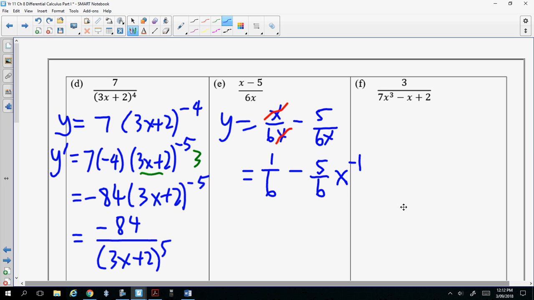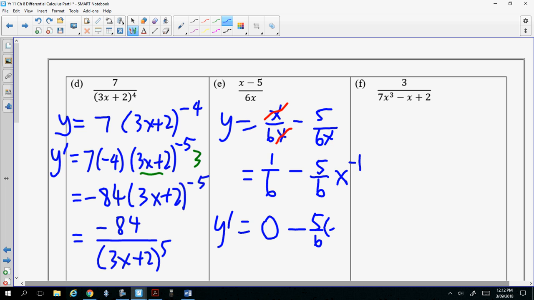Confusing how I do this one? Well, you just go y dash. When you differentiate that, you get 5 over 6 times negative 1, x to the power negative 2. Yeah.